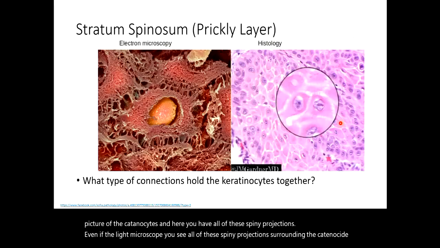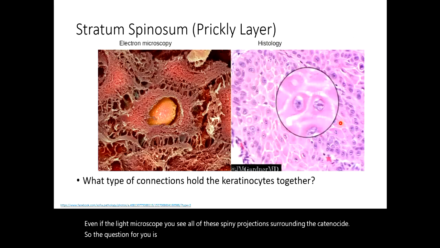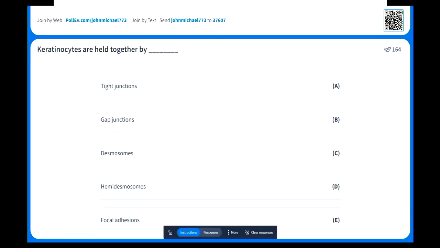So what type of cell junctions do you think are holding the keratinocytes? Are they tight junctions? Gap junctions? Desmosomes, hemidesmosomes, or focal adhesions? Here's a chance for you to incorporate what you learned in the previous lectures in answering this question. You can turn to your neighbors, TAs, or your notes and answer this.